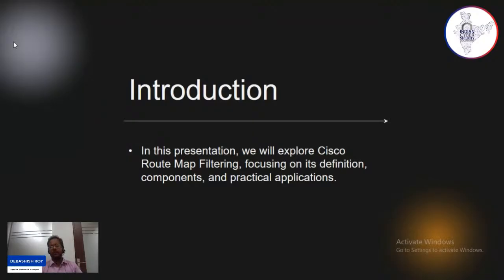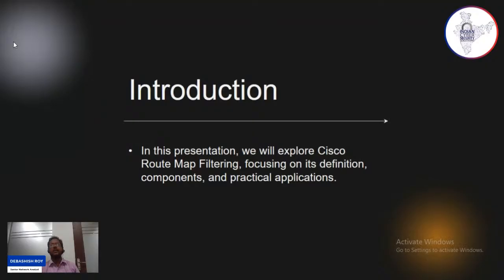Say, for example, you are redistributing between routing protocols, then it can also filter the routing updates, or some type 7 LSA, type 5 LSA. It can block them from OSPF or from any protocol. Say in EIGRP, you are running an autonomous system and you want to advertise the loopback interfaces on one router.